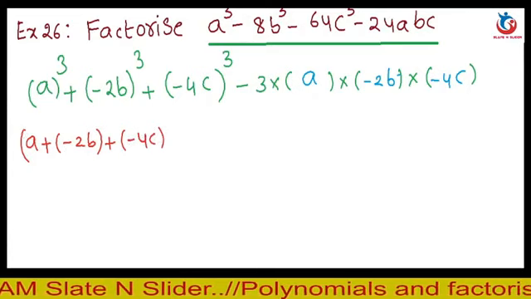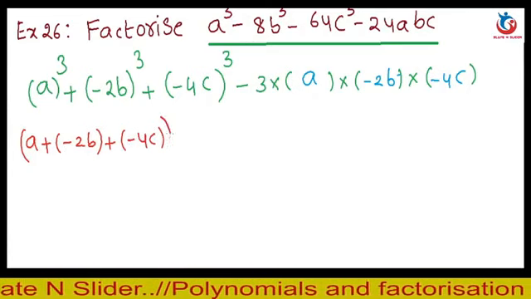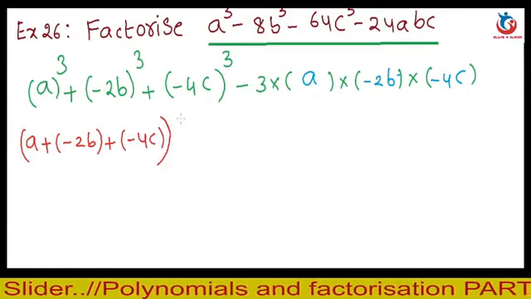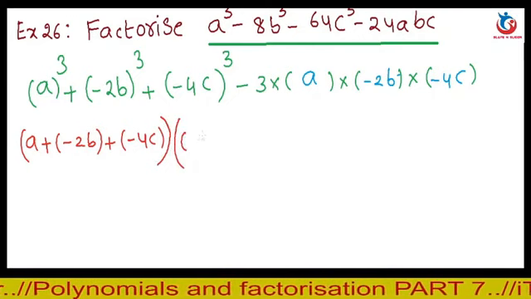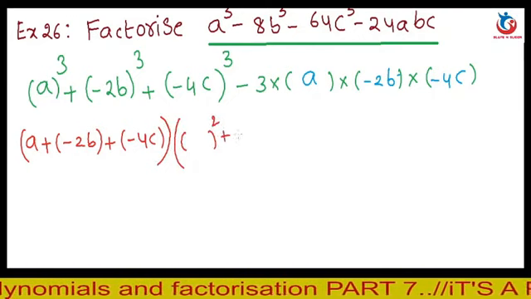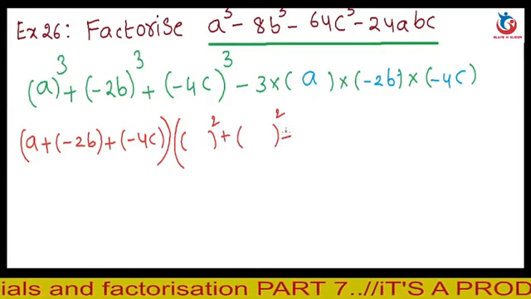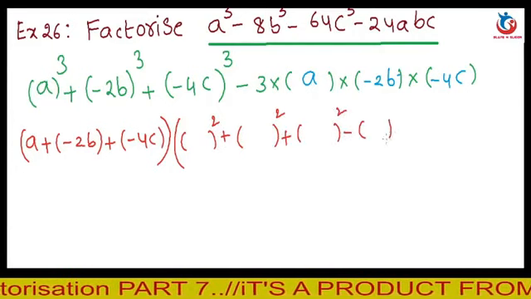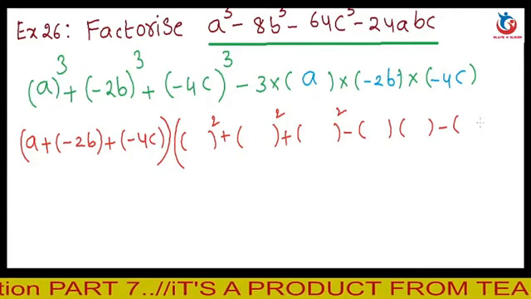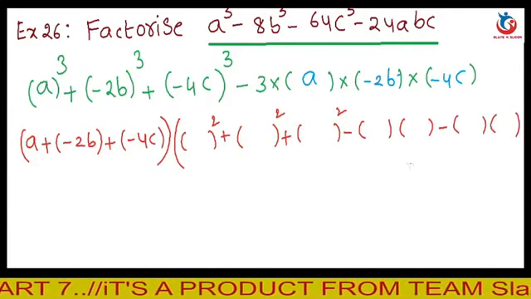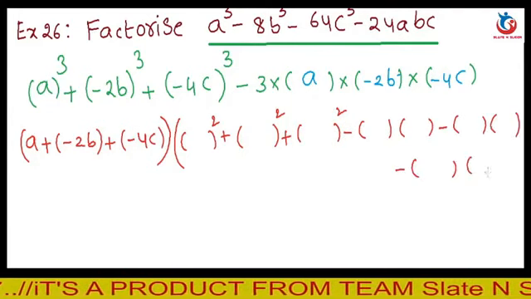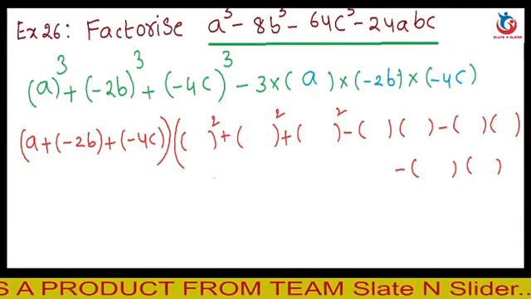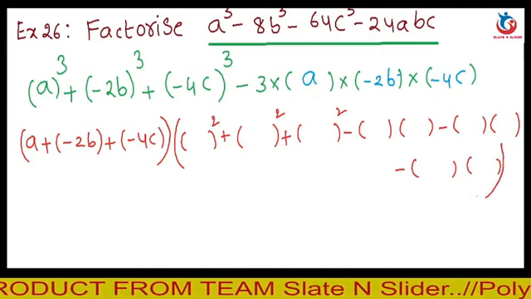So this bracket is open, so we have to close. X plus y plus z into, I will keep the brackets, x square plus y square plus z square minus xy minus yz minus xz, and this bracket is open, so I have to close.